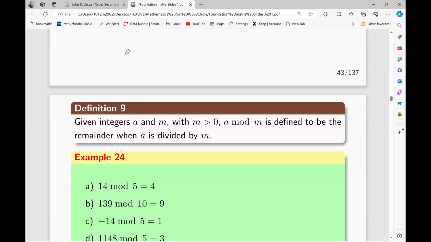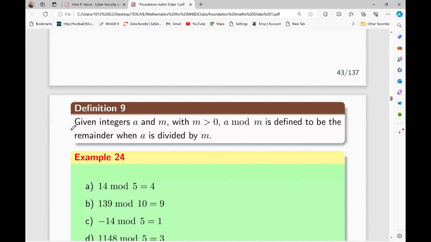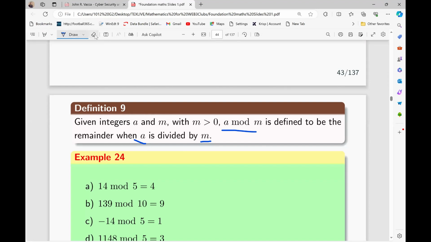What I just talked about while I was emphasizing that is the definition 9 here, which says if you're given two integers, a and m, then when we write a mod m, it means that a is the remainder whenever a number is divided by m.